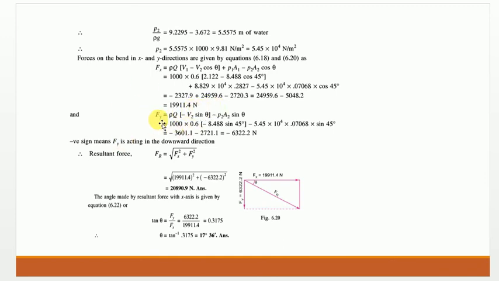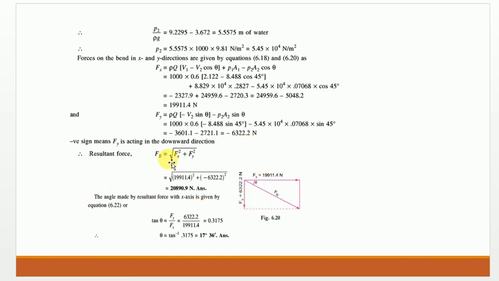Again we have to find F of y, the force exerted by water on the bend in the y direction. This formula again we have derived. Substituting the values, we get 6,322.2 Newton. Here the negative sign indicates the force in y is acting in the downward direction, which is opposing.